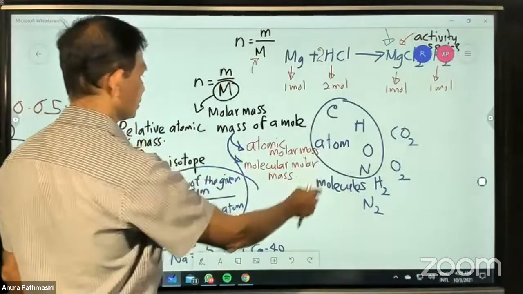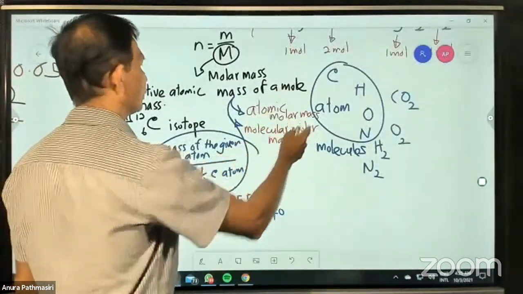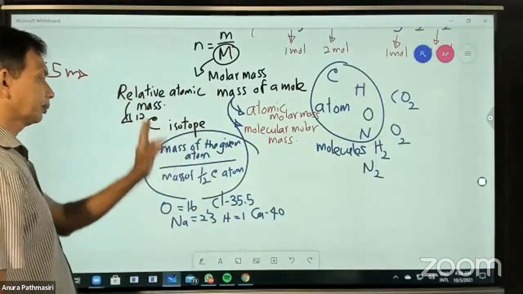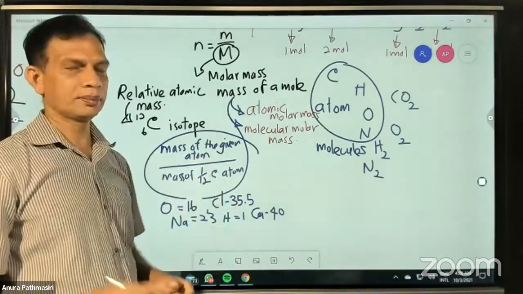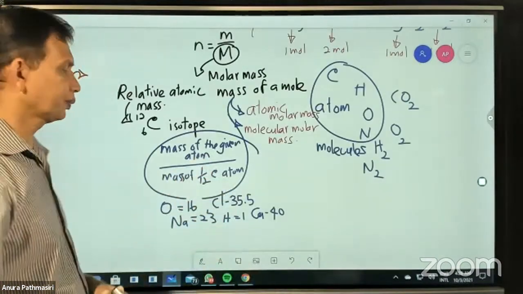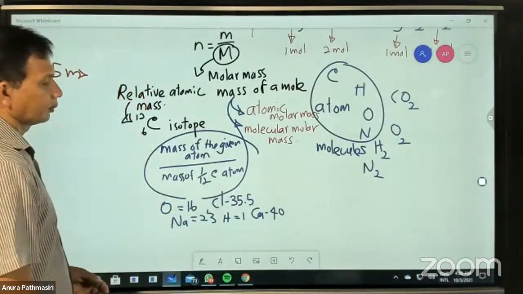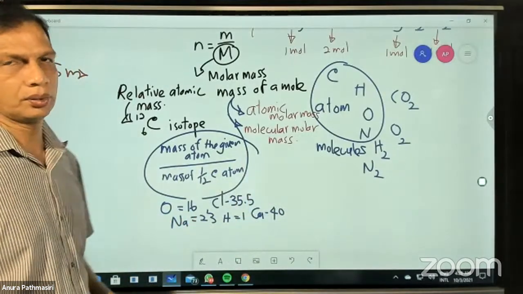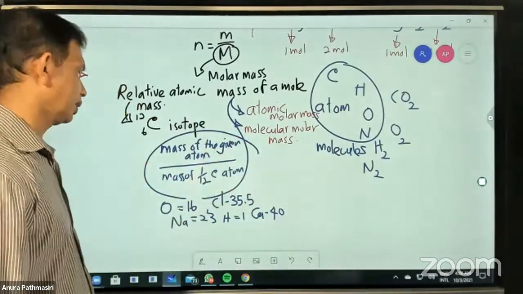Atomic molar mass is found from the relative atomic masses. The relative atomic mass is the mass of the given atom divided by the mass of 1/12 of the C-12 isotope. After calculations, the relative atomic masses are given in the test paper itself.